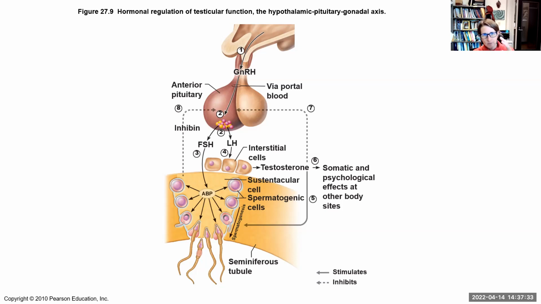As I said, it kind of balances out and they get this feedback loop going during puberty until you get to the point where you can make 90 million sperm a day. So that's the feedback loop for spermatogenesis.